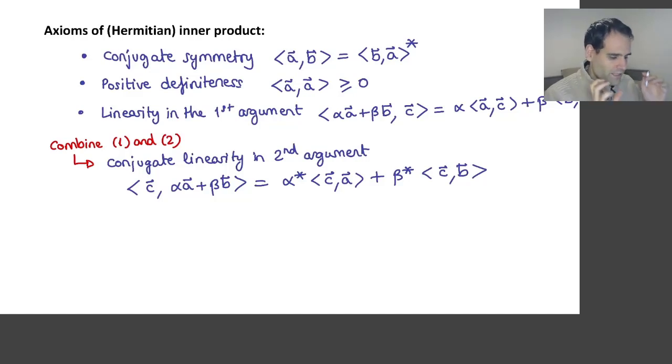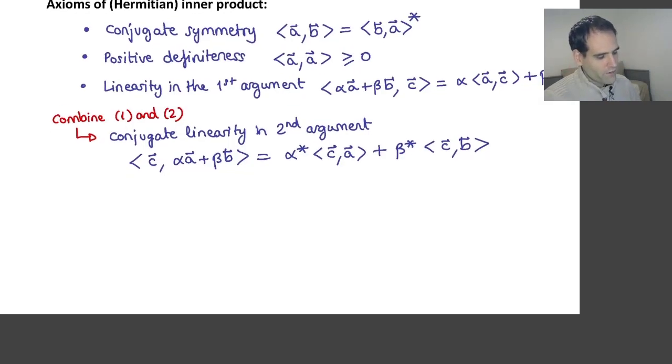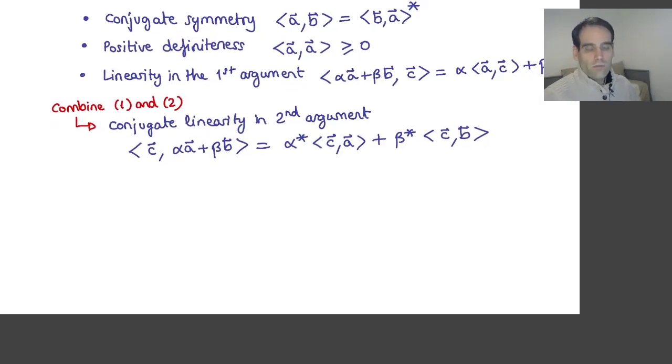So in other words, mathematicians and the books written by mathematicians usually use an inner product with linearity in the first argument. However, physicists, as you will be doing in following years, use an inner product which is linear in the second argument. I just wanted to point that out because when you see the inner product later, you will notice that.